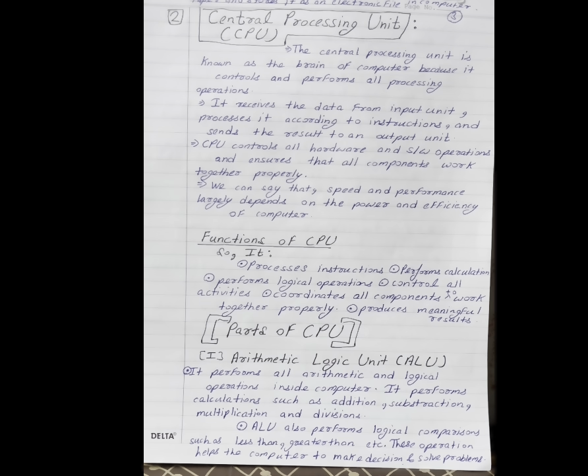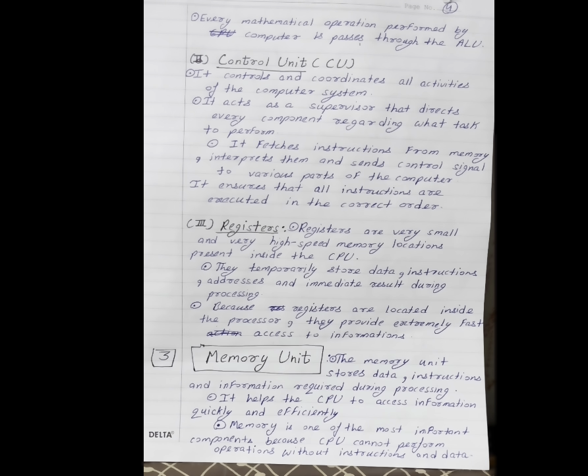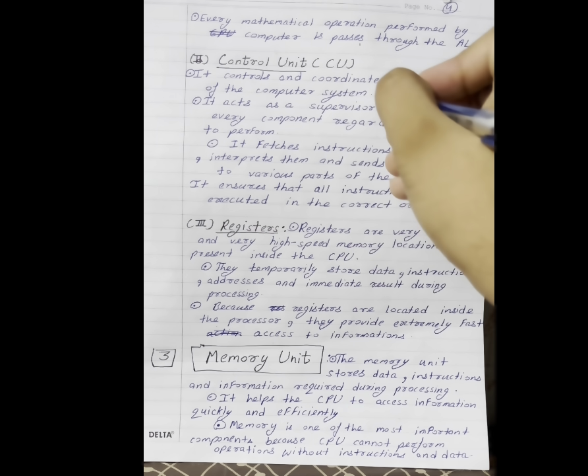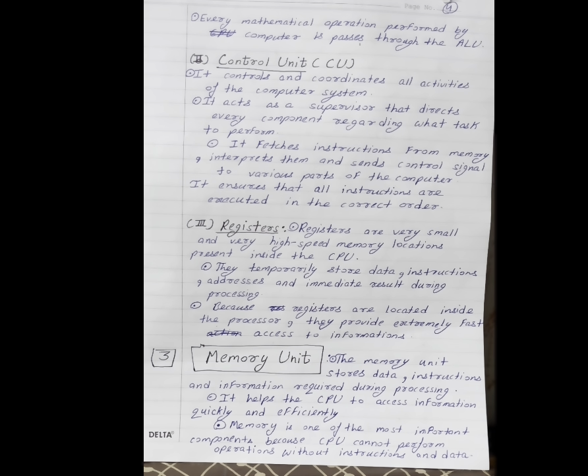Now let's move to CU, which stands for control unit. So guys, the control unit controls and coordinates all the activities of the computer system, and it acts as a supervisor that directs every component regarding what task to perform in a system.